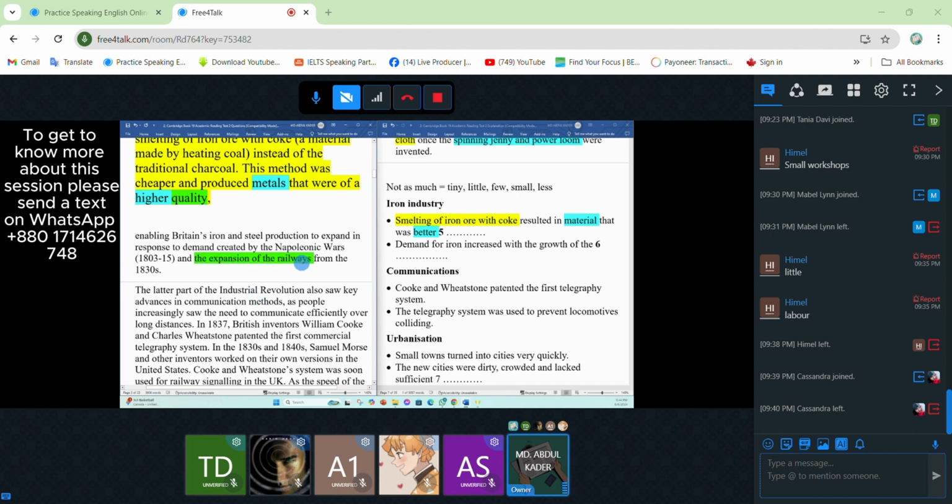So therefore the correct answer is railways, right? Demand for iron increased with the growth of the railways. So when the railways expanded, at the same time demand for iron increased. Therefore the correct answer is railways.